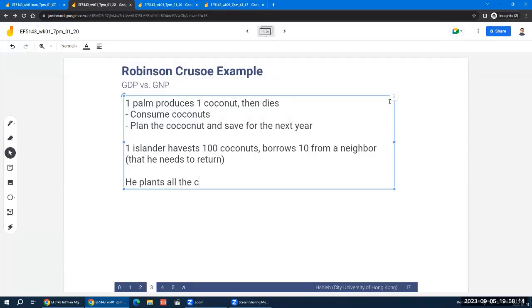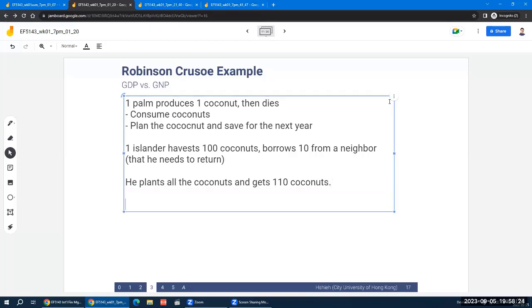He plants all the coconuts and gets 110 coconuts the next year. So my question to you is, what is GDP and what is GNP in terms of coconuts?